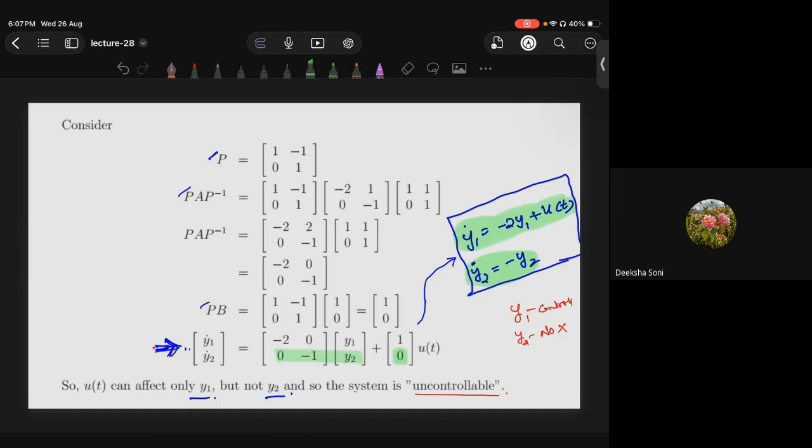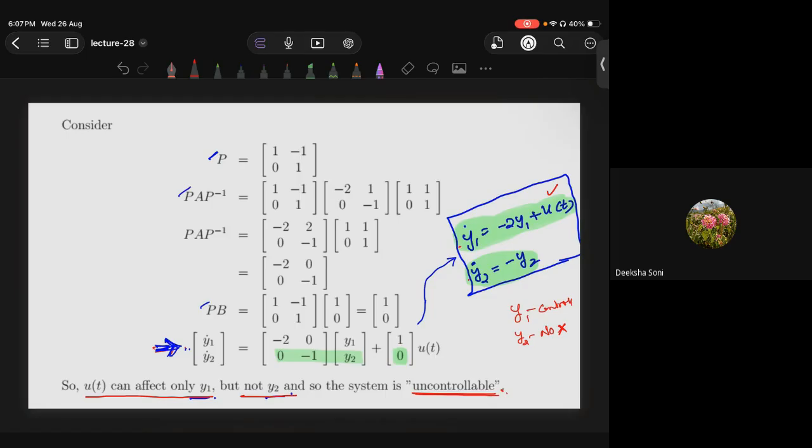Basically, y1 has an input term, y2 has no input term. Am I correct? So that is the meaning of uncontrollable. If it is controllable, both y1 and y2 will have the input term. Here u of t affects only y1, not y2. So the system is uncontrollable. That is the basic meaning. Is it clear?